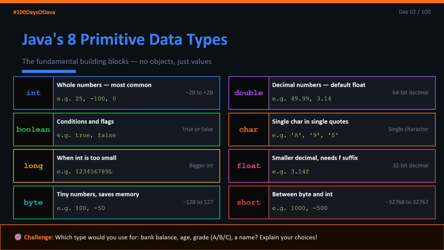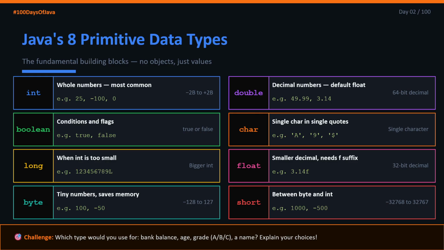Then we have long for large numbers, float for smaller decimals, and byte and short for memory saving scenarios. The most important thing is these eight are not objects. They hold values directly in memory. That's why they are called primitive data types.